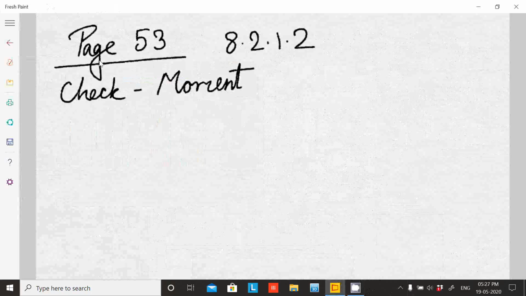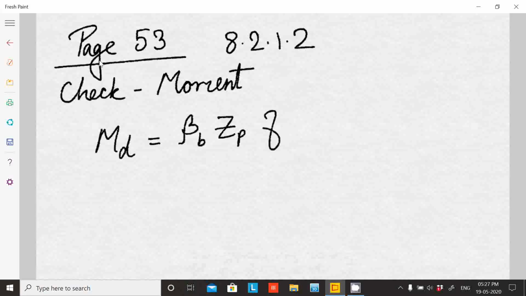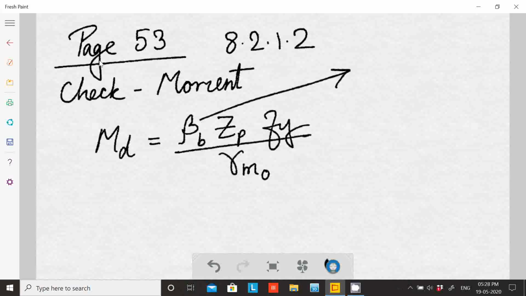So the formula for the design moment given is Md equal to beta b Zp fy by gamma m naught. Now our one is a plastic section, so beta b is 1.